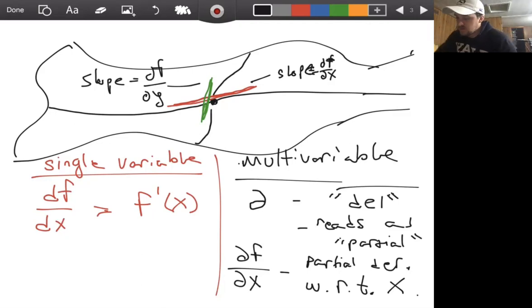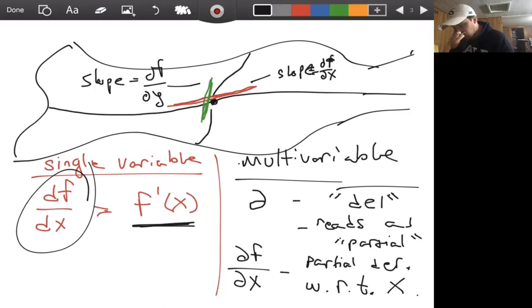And maybe some other notation here. Notice there's Leibniz notation, which is expressed as, looks like a fraction, right? And then we have this kind of shorthand prime notation here. There is an analogous notation for partial derivatives as well, right?